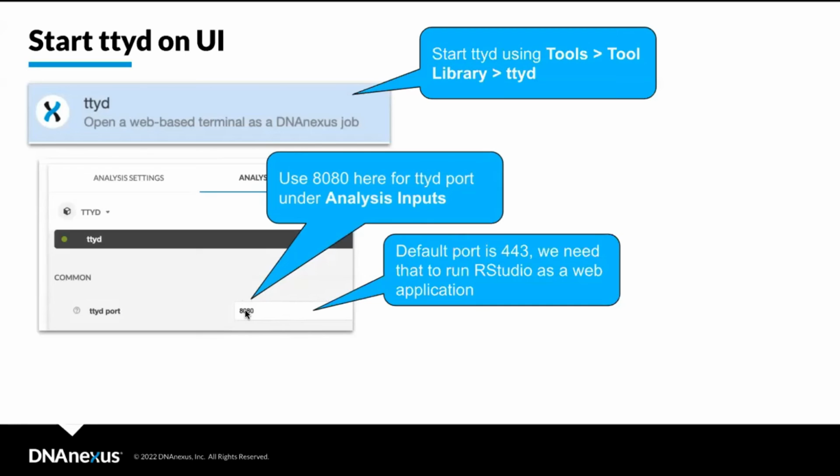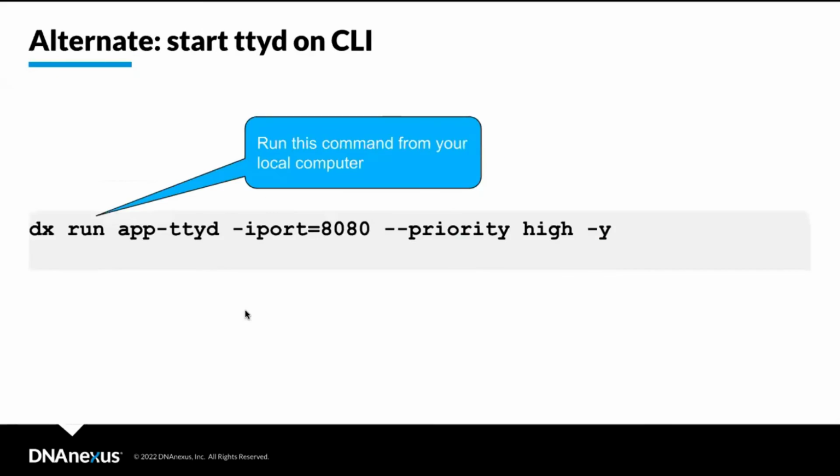That's because we're going to be running the RStudio or Bioconductor container as a web app, and that needs to have port 443 open. If you're on the command line, you can run this command from the local computer: dx run app. The main thing is that you need to change that port to 8080 here.